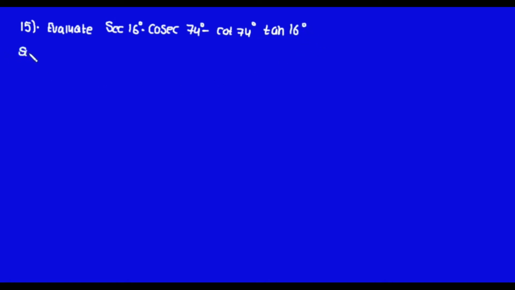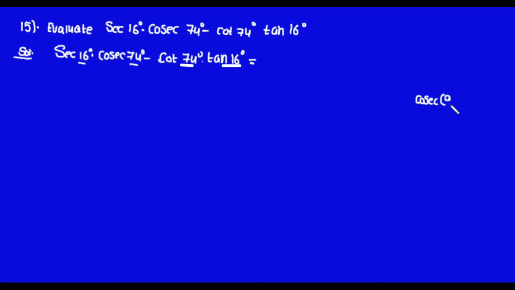First, we have to write which was given in the problem, that is secant 16 degrees multiplied by cosecant 74 degrees minus cot 74 degrees multiplied by tan 16 degrees. In the given problem, it may be observed that the sum of angles in the first term is 90 degrees and also the sum of angles in the second term is 90 degrees.